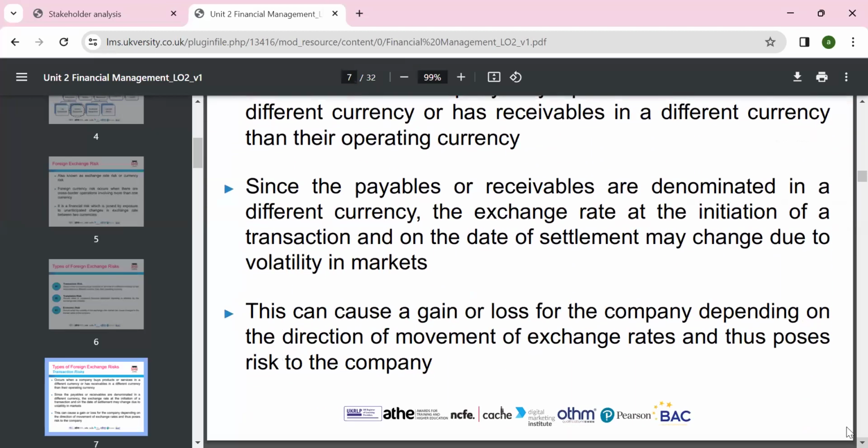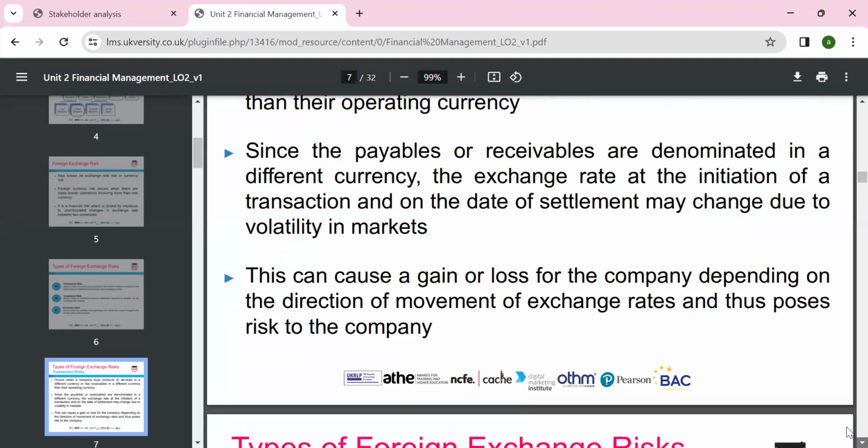Like if the pound is stronger, people go on holidays abroad. If the pound becomes weaker, then of course people may prefer to visit sites within the UK, and maybe we can attract foreign tourists to come here. This can cause a gain or a loss for the company, depending on the direction of the exchange rate movement, and that poses a risk.